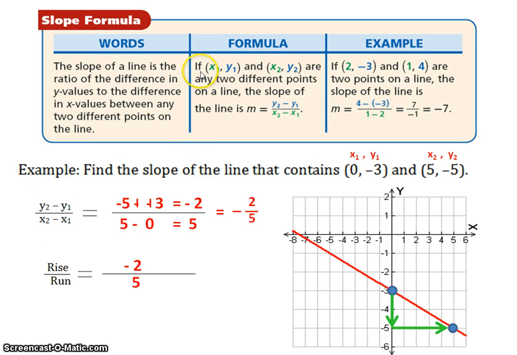If we use a formula, we have two coordinates, x and y and x and y, but we have to distinguish between the groups, group 1 and group 2. We need to find the difference of the y values, so y from group 2 minus y from group 1 over x from group 2 minus x from group 1. Rise and run. And our example is written in this box.